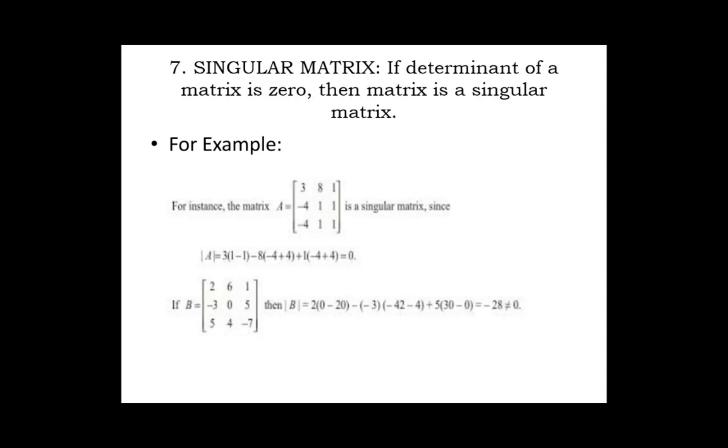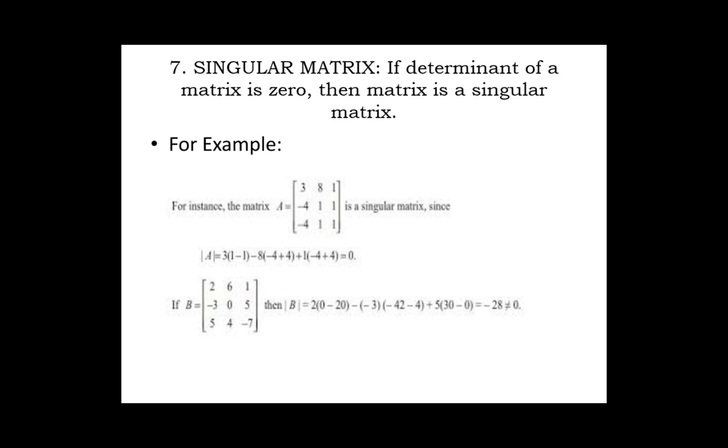Next is singular matrix. Now what is a singular matrix? Singular is again a square matrix, we can define singularity under the square matrix, and a matrix is a singular matrix if its determinant is 0.